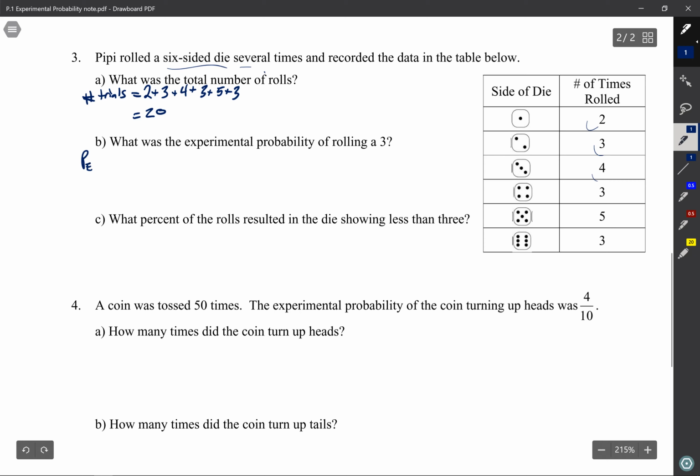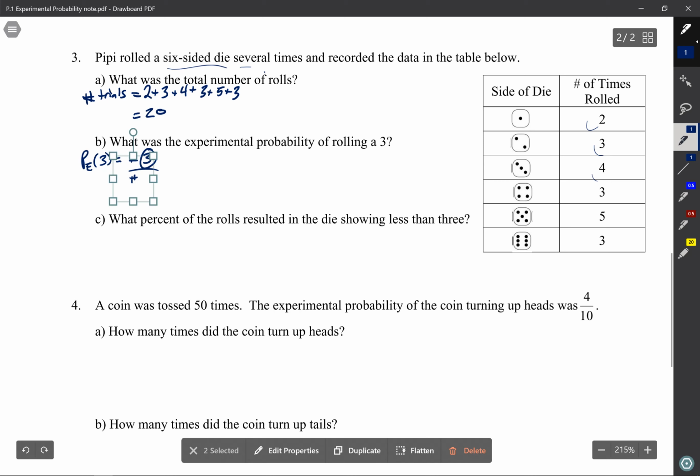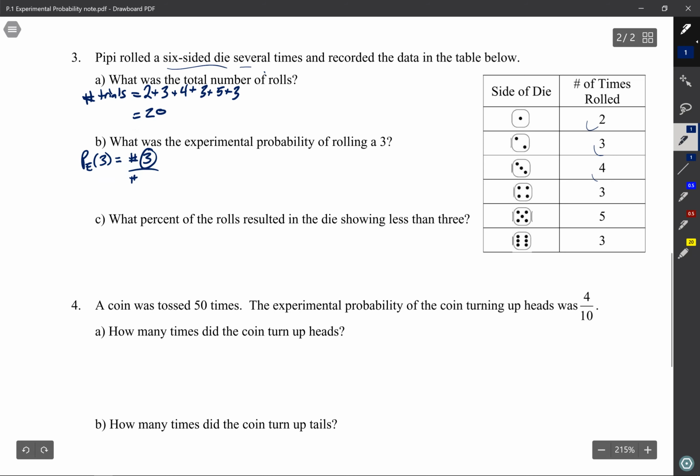So my experimental probability, this time it's asking me of rolling a 3, equals the number of times we rolled a 3, that's the number of successful trials, divided by the total number of trials, which we calculated above to be 20.